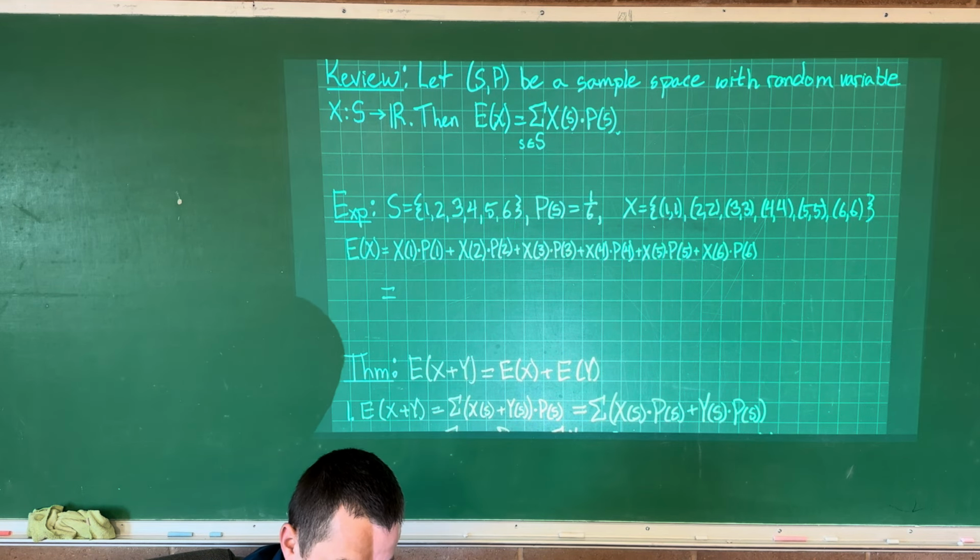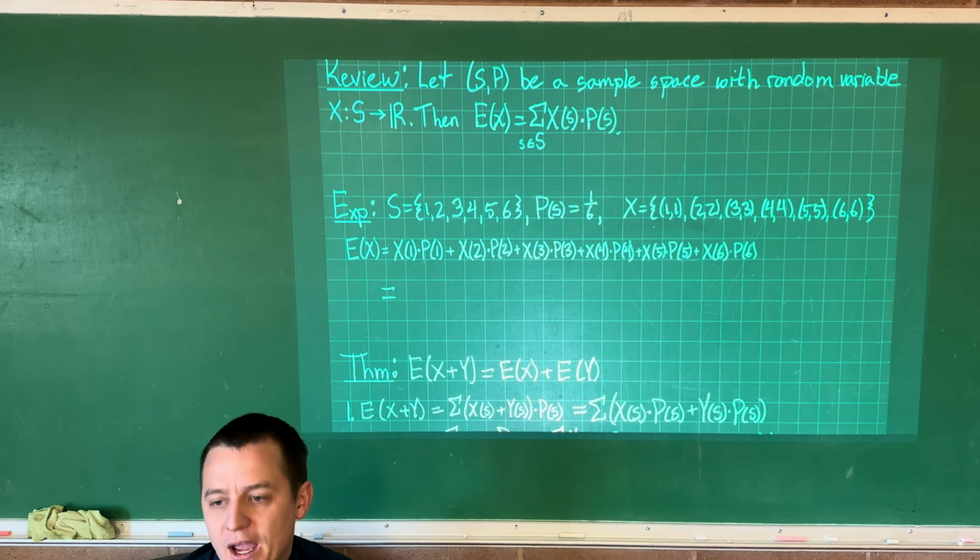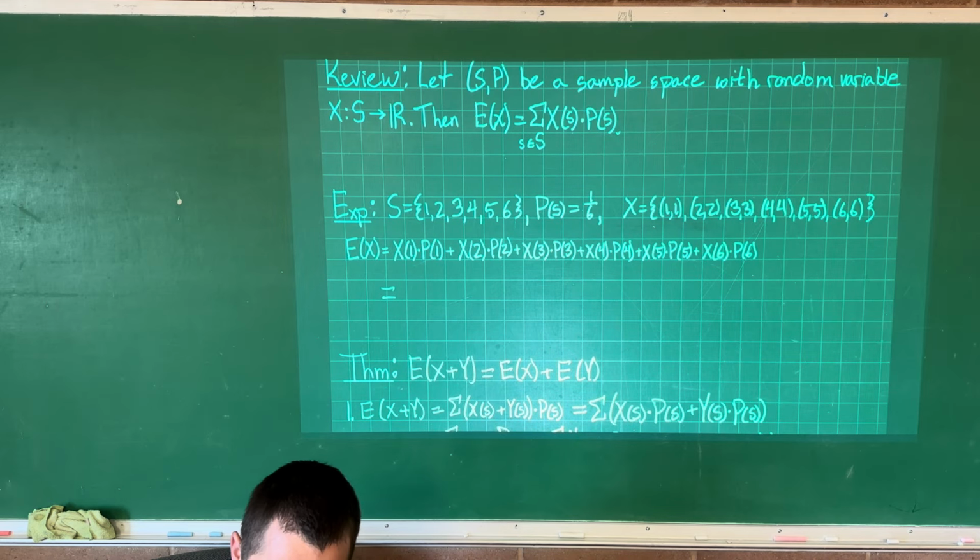So here is our function x. What does x map 1 to? What does it pair it with? So it just pairs 1 with 1. So x of 1 is just 1. X of 2 is just 2. X of 3 is just 3, etc.